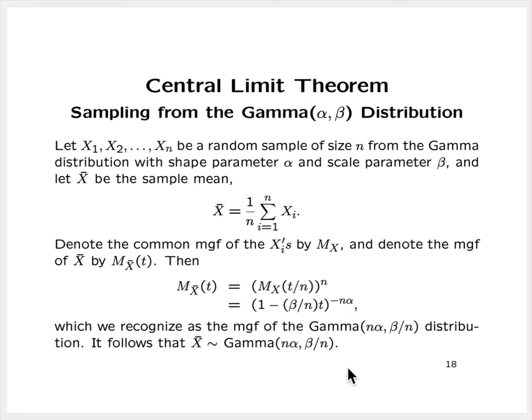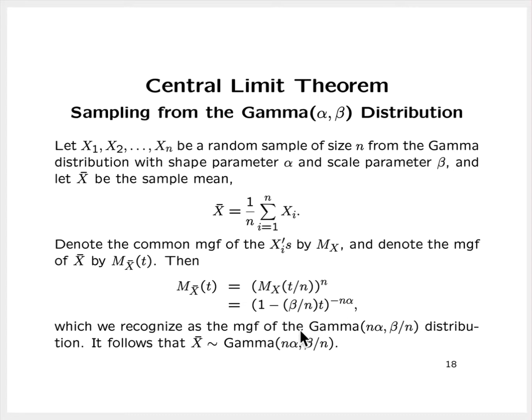And so if we are trying to find the distribution of a random variable, and if we know what its moment generating function looks like, and if we can recognize that moment generating function as being the moment generating function of a particular distribution, then we can conclude that the random variable that we're looking at has the distribution that corresponds to that moment generating function. And that is exactly what we're doing here.